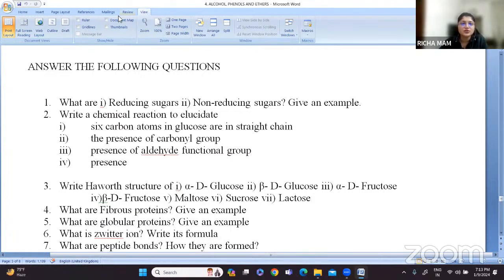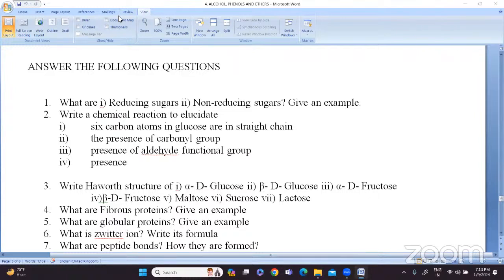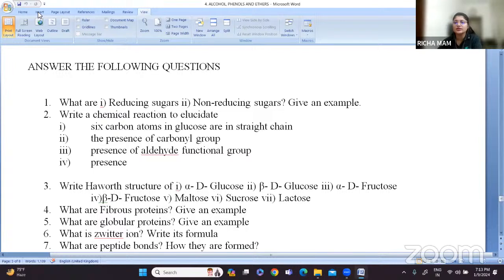What do you mean by reducing sugars? Do you know what a reducing sugar is? Don't explain to me, can you give me an example of reducing sugars and non-reducing sugars? The best example of a reducing sugar.